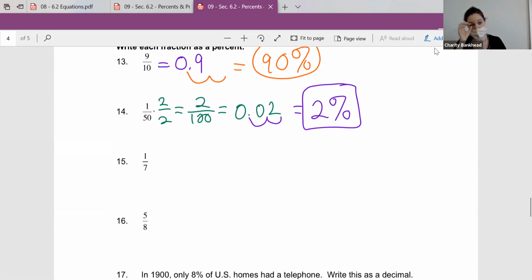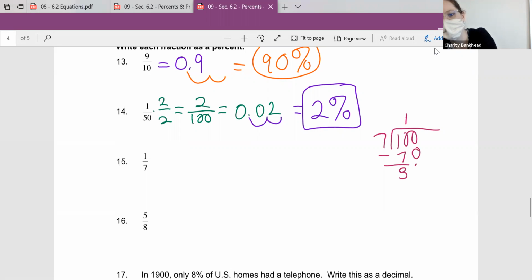Okay, and then 1/7. For that, I needed to change it to a decimal, so I'm just going to use long division on that one. So 7 goes into 10 one time. 1 times 7 is 7. 10 minus 7 is 3.